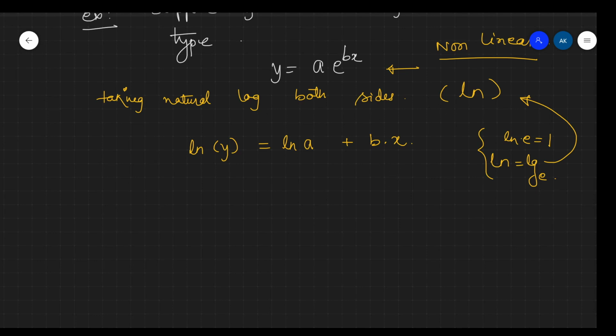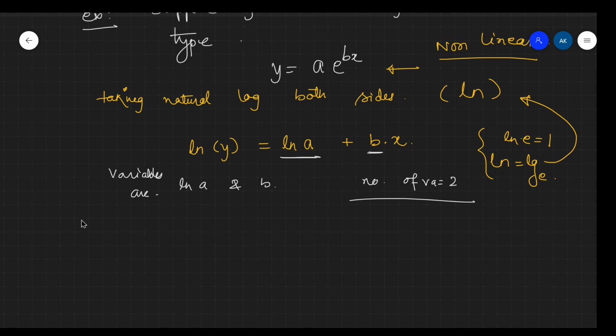Now, what are the variables here? The variables are ln a and b. The number of variables is 2, so you need two equations to solve for these values.